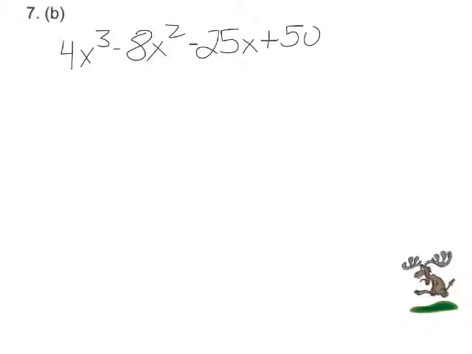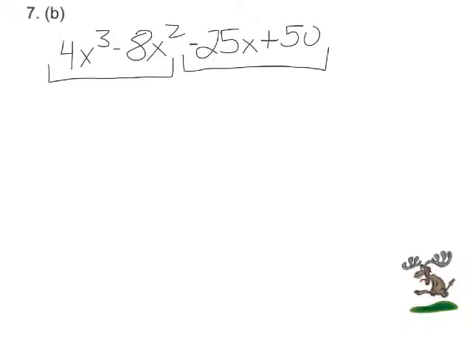Alright, 7b. This one's a little bit harder to factor, and we have 4 terms, and it's a third degree polynomial. Because of that, I'm going to think possibly factor by grouping. The way that works is I look at the first two and I look at the second two.